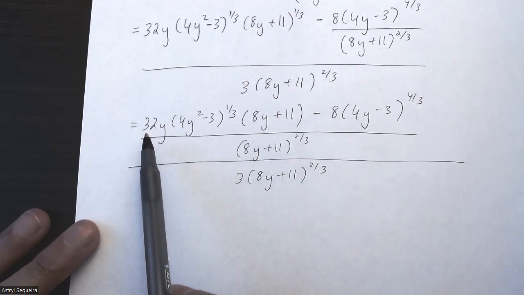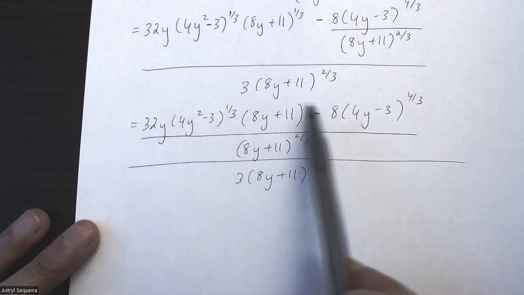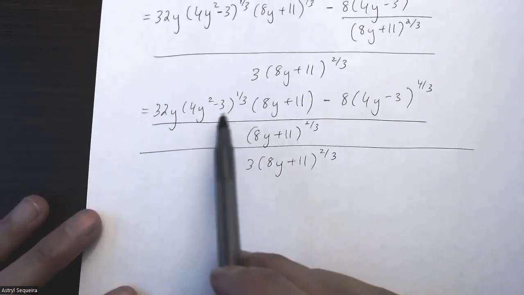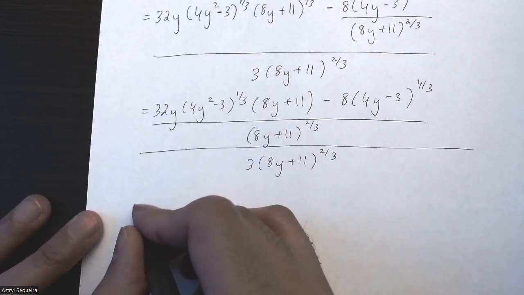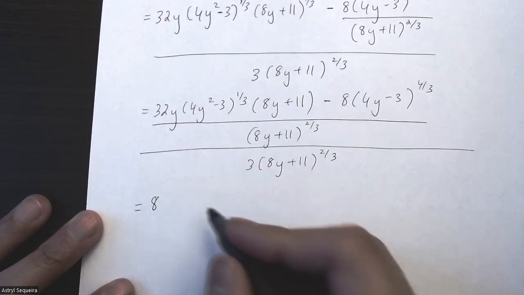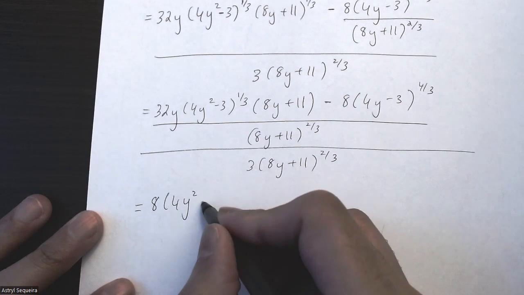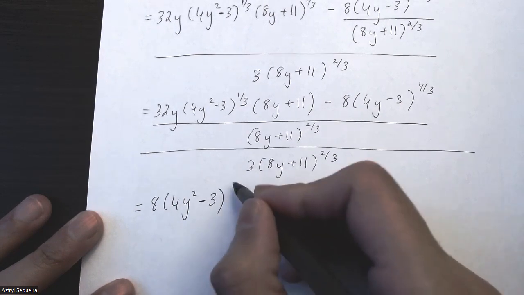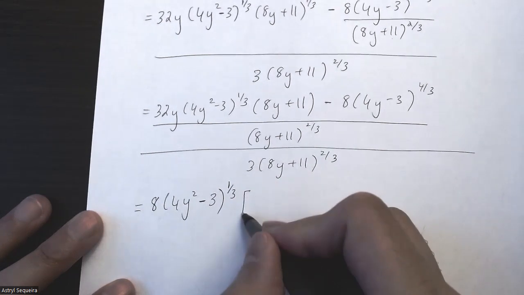The other thing that I'm going to do is common factor out an 8 from the top. I'm also going to common factor out (4y squared minus 3) to the 1 over 3. Again, I'm doing these two things in one step to save time and space on your test. So common factor this out of the top.